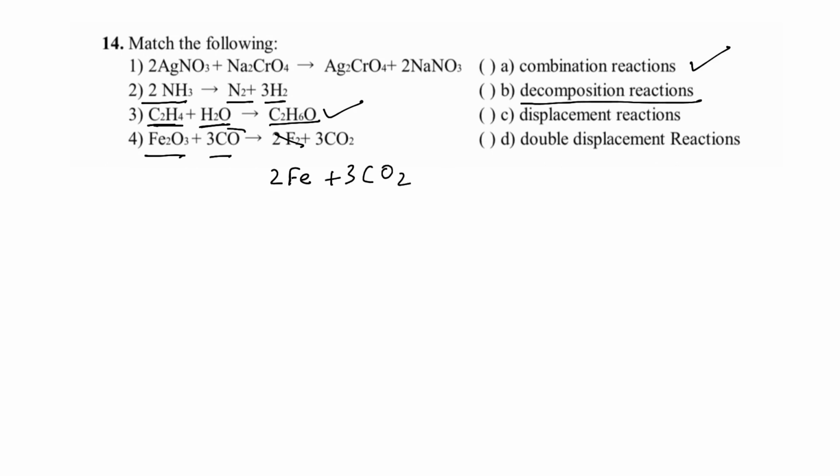You can see CO is displacing Fe from its compound. So Fe, you can see, is displaced out. And CO combined with oxygen and you are getting 3CO2. So it is a displacement reaction. Okay. Hope you got the answers right. It's a very easy one.